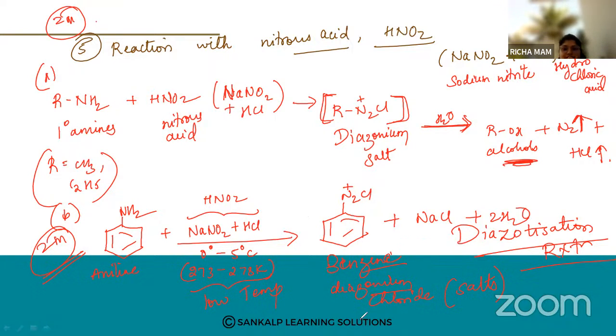Now the weightage. This chapter, Amines, is for 8 marks.